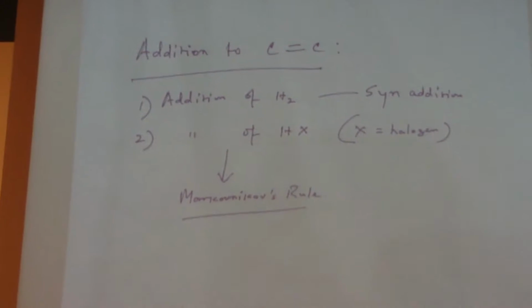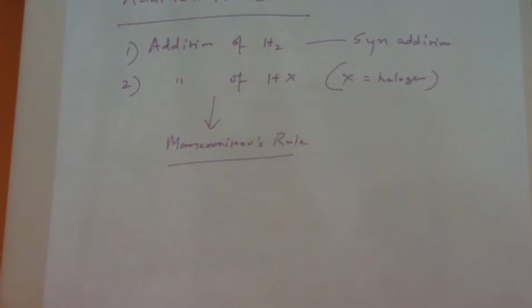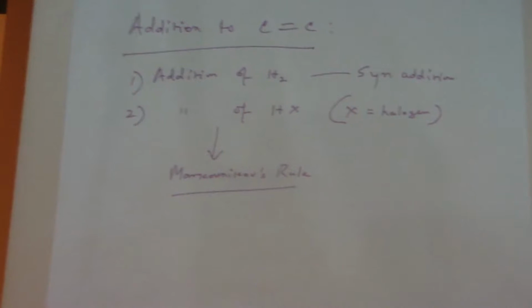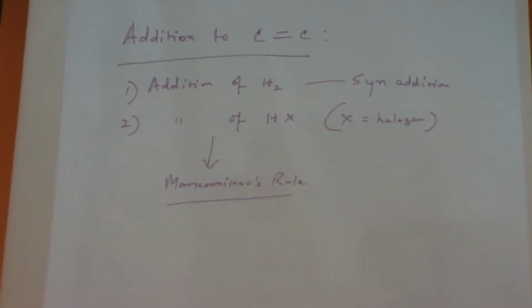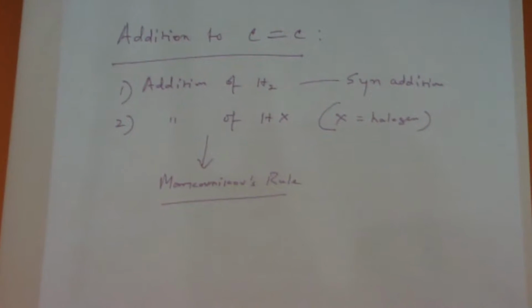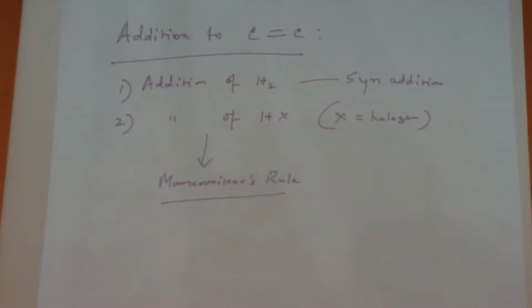Now, the intermediate state involving the carbocation is also indicated by another indirect way, in which we see rearrangement of products. The rearrangement happens because of the generation of a carbocation.